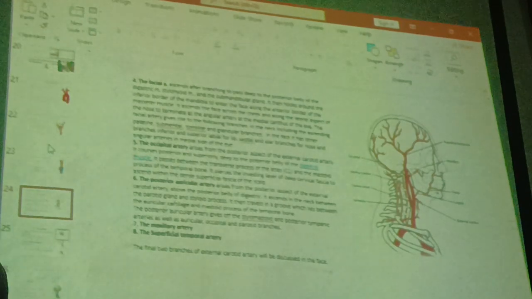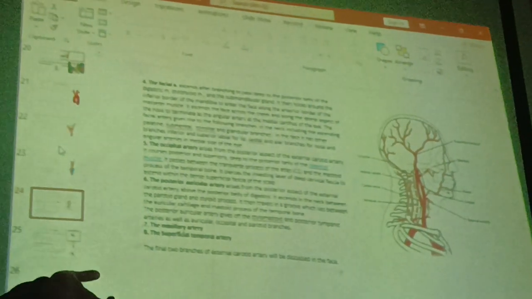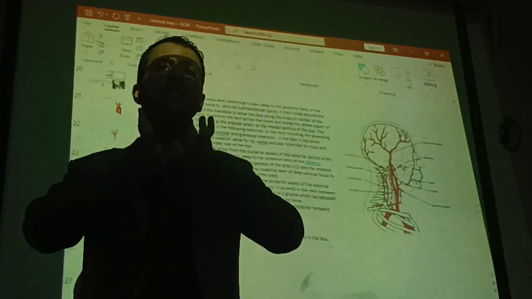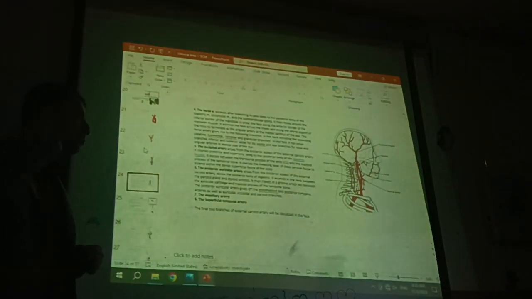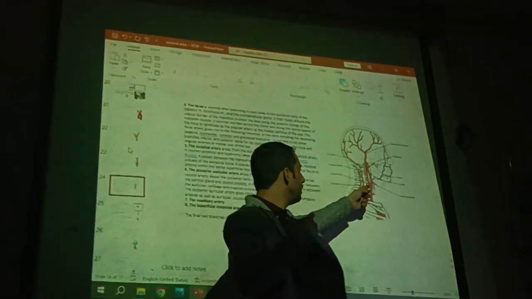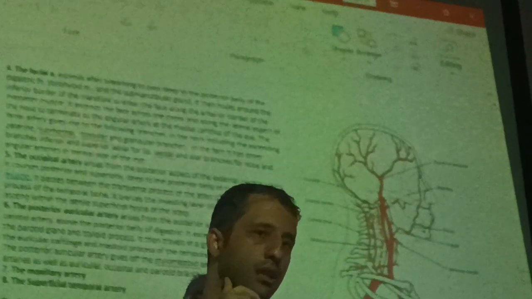Here we have the submandibular gland. The submandibular gland is a salivary gland. Yes, the superficial area of the submandibular gland crosses with the facial artery. And then the facial artery arrives at the inferior border of the mandible.